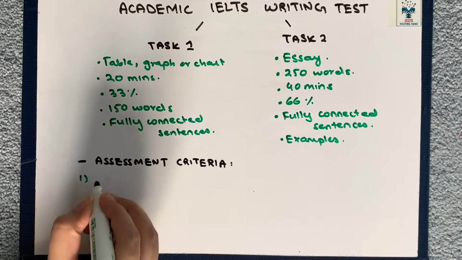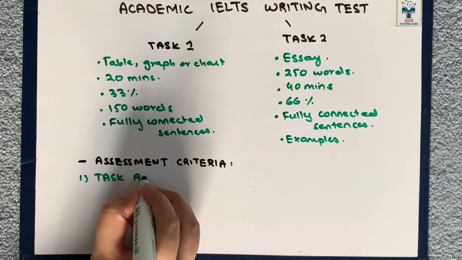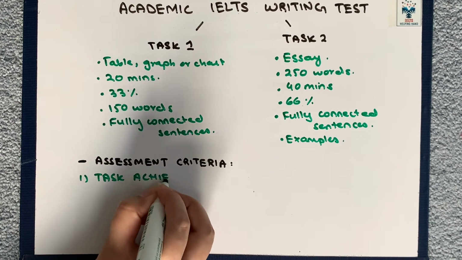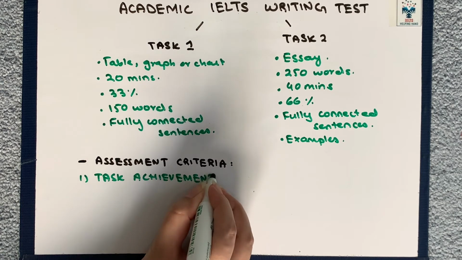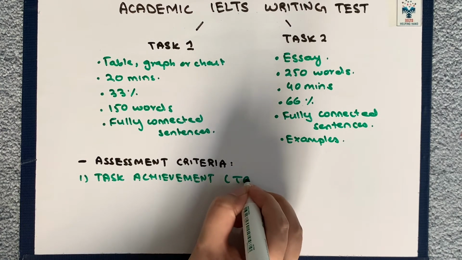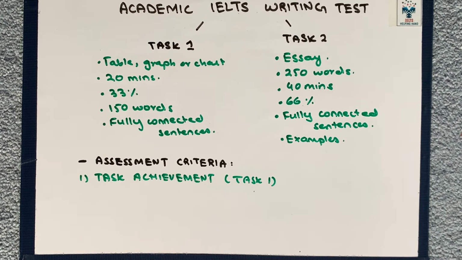Number 1 is task achievement. For task 1, this assesses how accurately, relevantly, and appropriately the response fulfills the requirements given in the task, using the minimum 150 words.